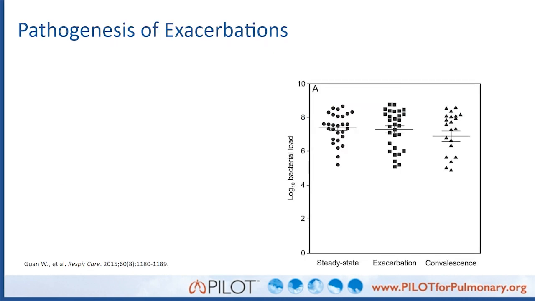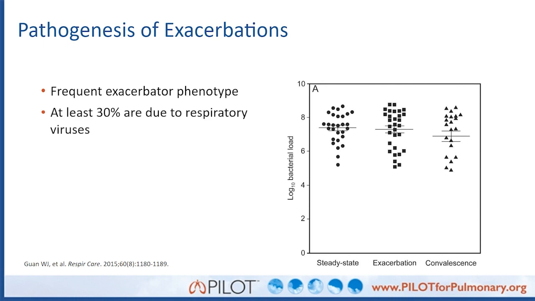So what causes these exacerbations? It's safe to say that for a significant percentage, we don't know. At least 30% are due to respiratory viruses, which will often go undiagnosed, but there may be clues in that patients with respiratory viruses often will complain of upper respiratory symptoms such as sore throat or rhinorrhea.